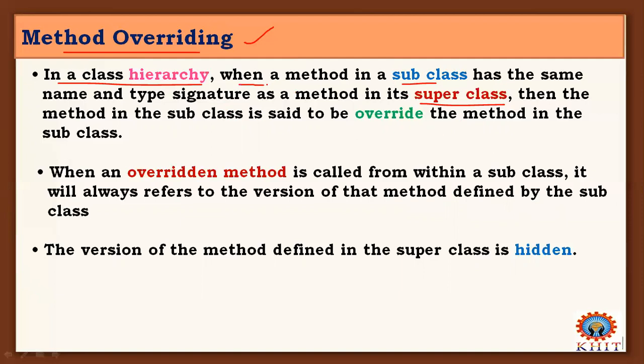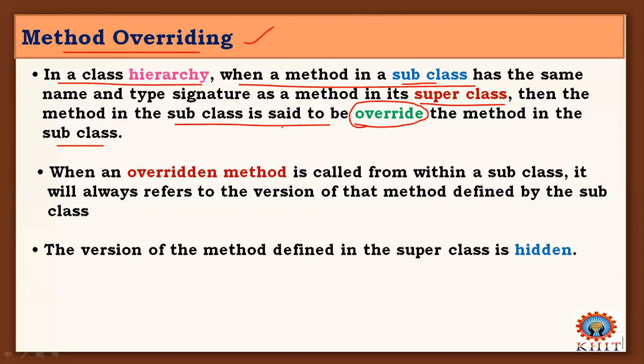So here, when a method in a subclass has the same name and type signature as a method in its superclass, then the method in the subclass is said to override the method in the superclass. So this is very, very important.